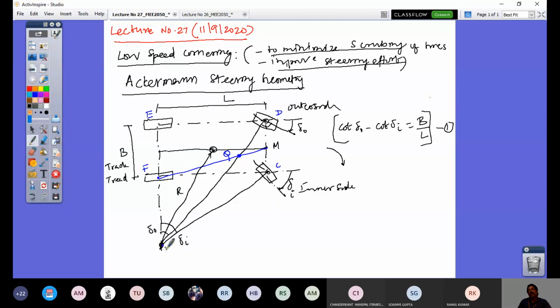So now this wheel angle here, delta naught, delta I, is your actual orientation and wheel travel also. You will not have a slip angle here. That's what is important. There is no slip angle here. That is an important assumption, that there is no centrifugal force, considering it is low speed cornering.